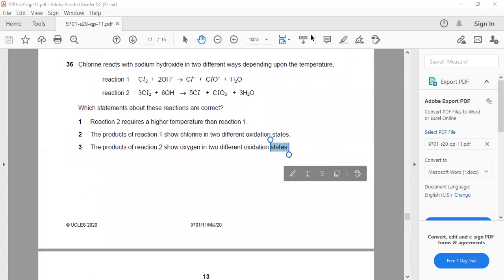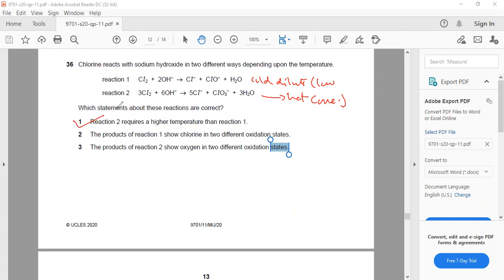Reaction of chlorine with cold dilute, low temperature, and this is hot concentrated. Reaction 2 requires a higher temperature. Sahi hai. Put a star mark on this.